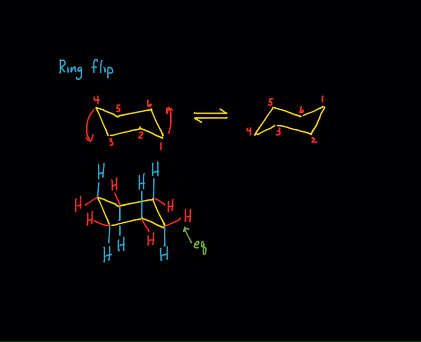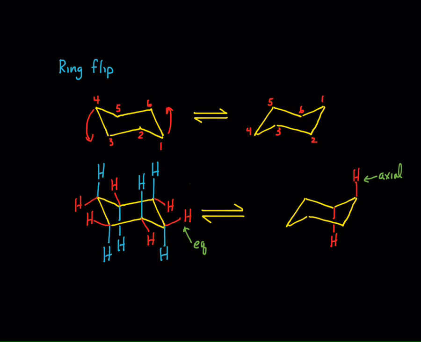So when that carbon 1 flips up, the hydrogen's still on there, but what happens to it? Well, it goes up and becomes equatorial. So notice it's up, it's above the plane of my cyclohexane in the equatorial position in the original conformation. When it undergoes a ring flip, it then becomes axial. And so all of the equatorial hydrogens become axial hydrogens.